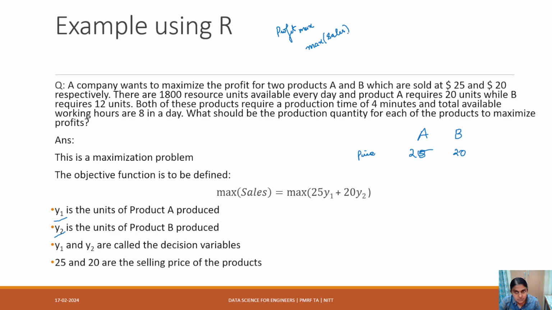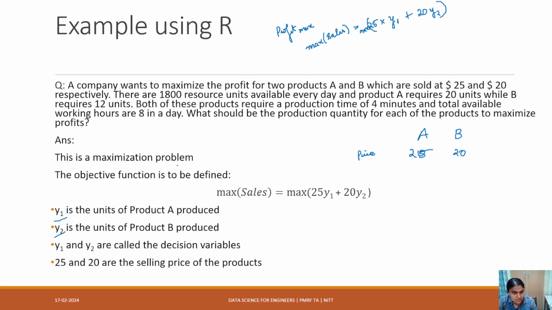The number of units produced times 25, that is product A, means 25 into Y1 plus 20 into Y2. We should be selling the number of product A and product B such that this particular function is maximized.